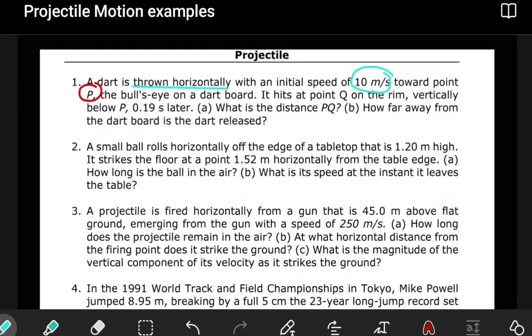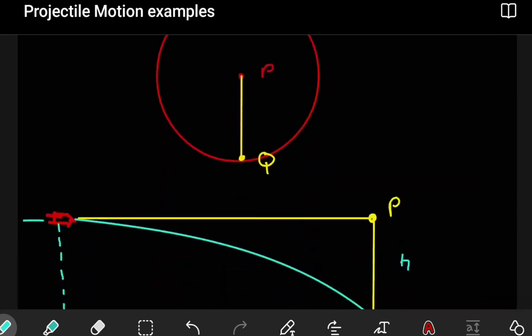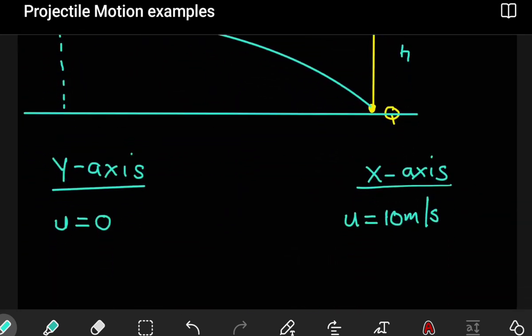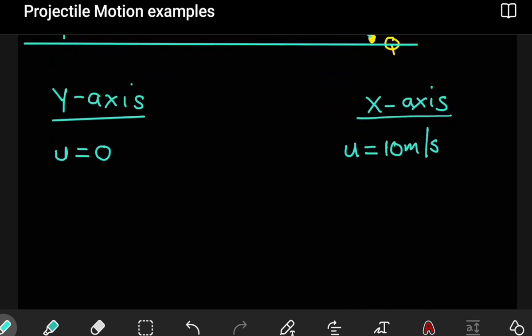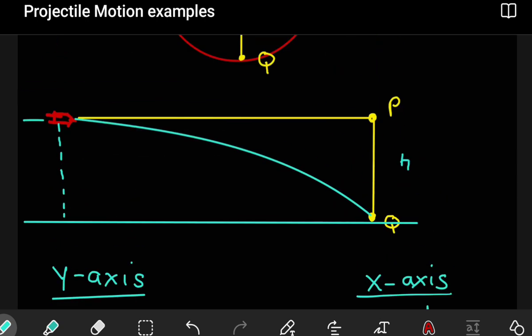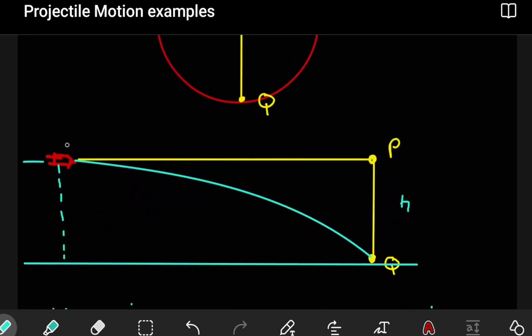What else is the question telling us? Okay, so the next part is somewhere here. It hits a point Q on the rim vertically below P 0.19 seconds later. So the time it takes to move in the y-axis up to the level where Q is the same as the time it will take to cover that horizontal distance from the launch point all the way to this level.